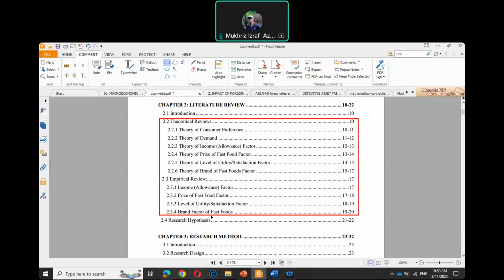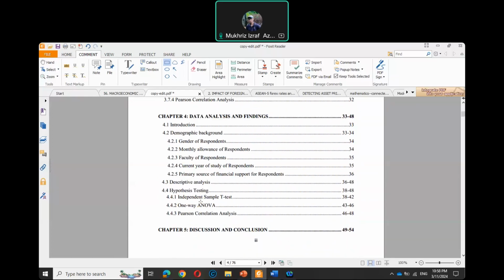But the main reason why you summarize these papers is that later on, you might want to mention some of the papers, not all, a few selected papers that you feel can help you, so that you can compare, or to justify that your results are similar, or comparable, or perhaps contradictory. If contradictory, you have to justify why it is not the same. Let's say from past studies you got negative, suddenly you get positive in your own analysis. That will be tricky, you have to find the cause of why it is positive.